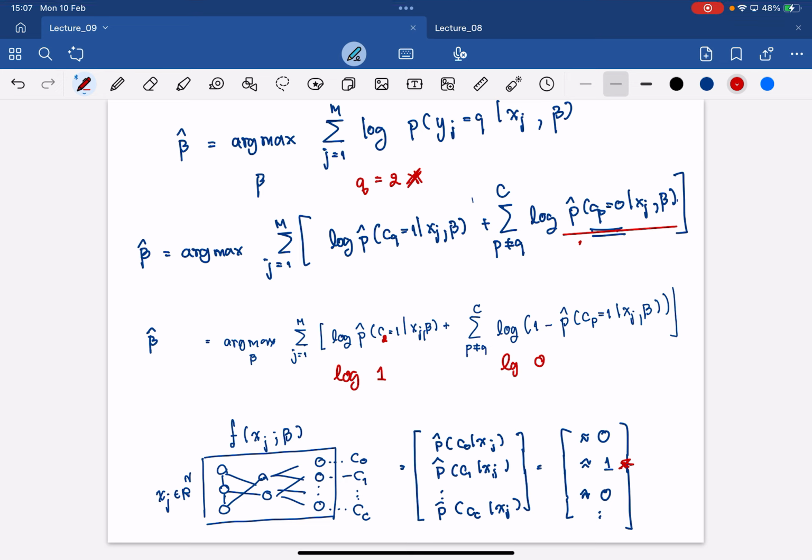What we want is to maximize, right? So you have log 1 plus the sum of log 1.